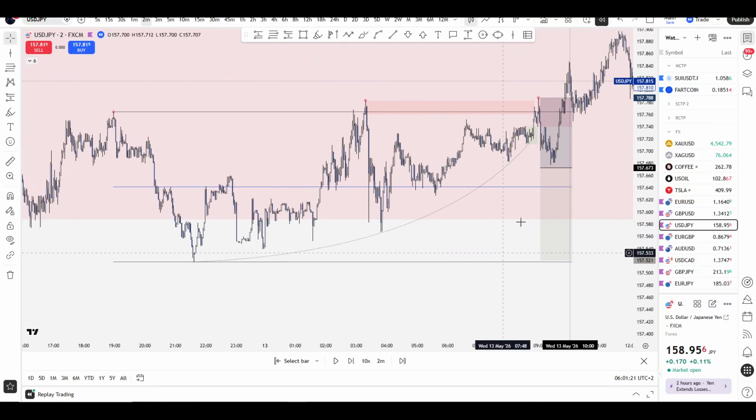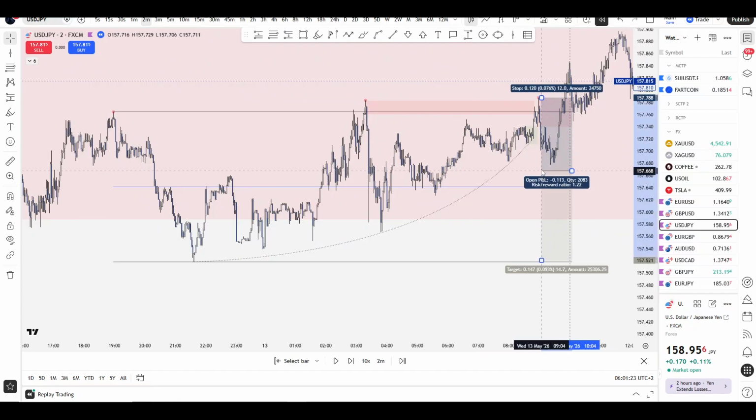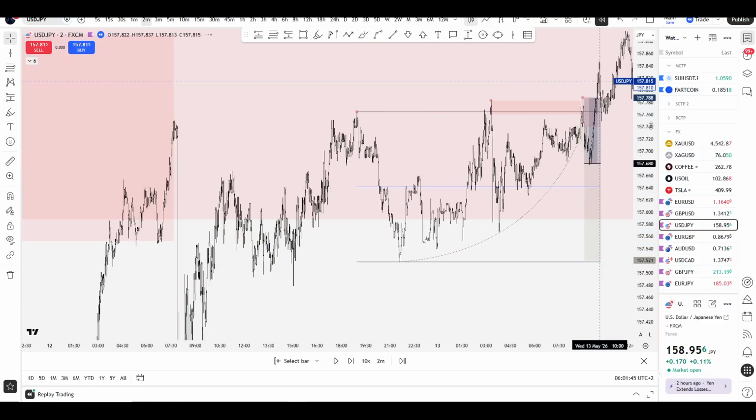I ended up not losing 1%, not 0.5%, I ended up losing a whole percent due to a very thin order book, or I don't know if my position size is too high to trade Forex on BingX. But yeah, I got filled like here and lost a whole percent.